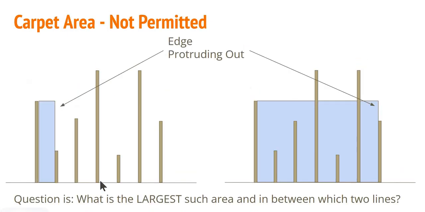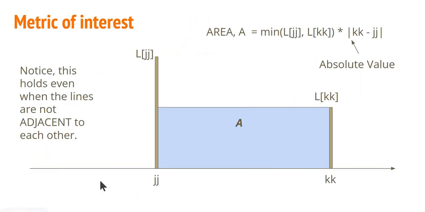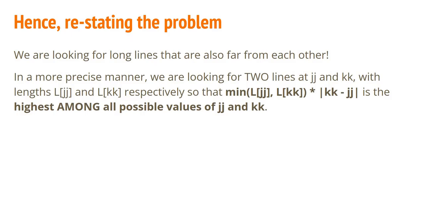So between any two lines, let's say jj and kk, whose lengths are L[jj] and L[kk] respectively, we have to find the area. And what we are interested in is that pair jj and kk where this area is maximized.